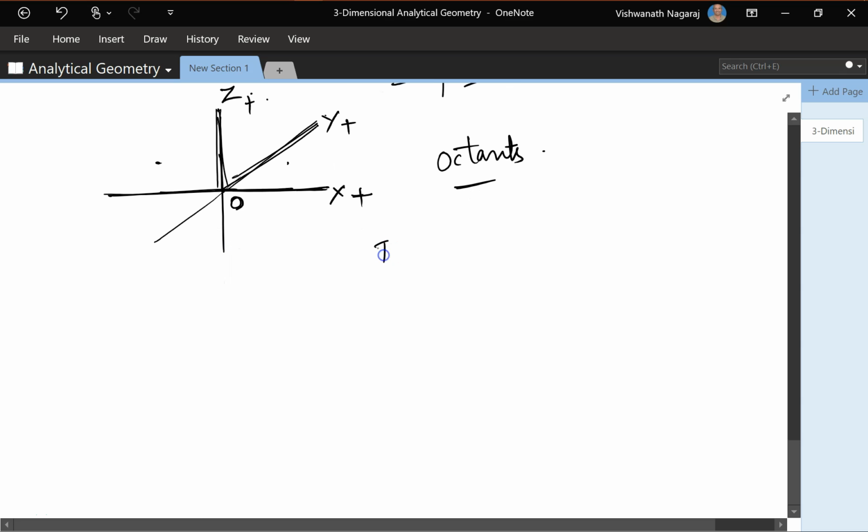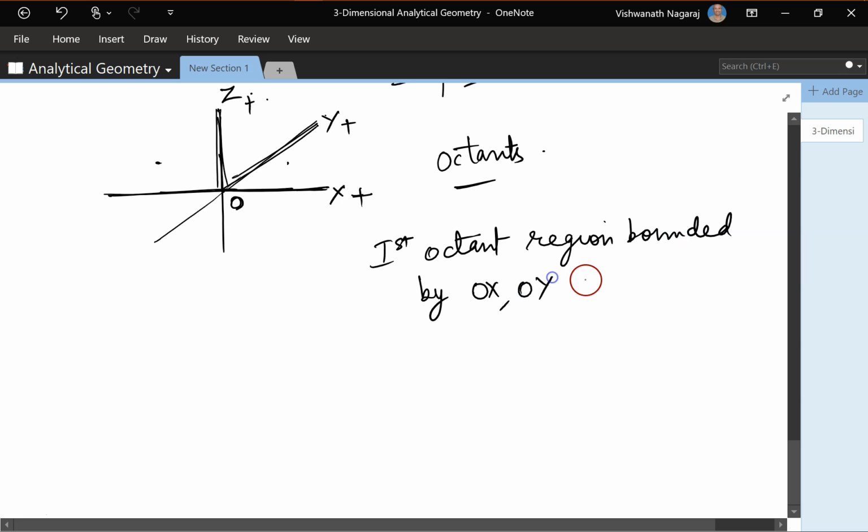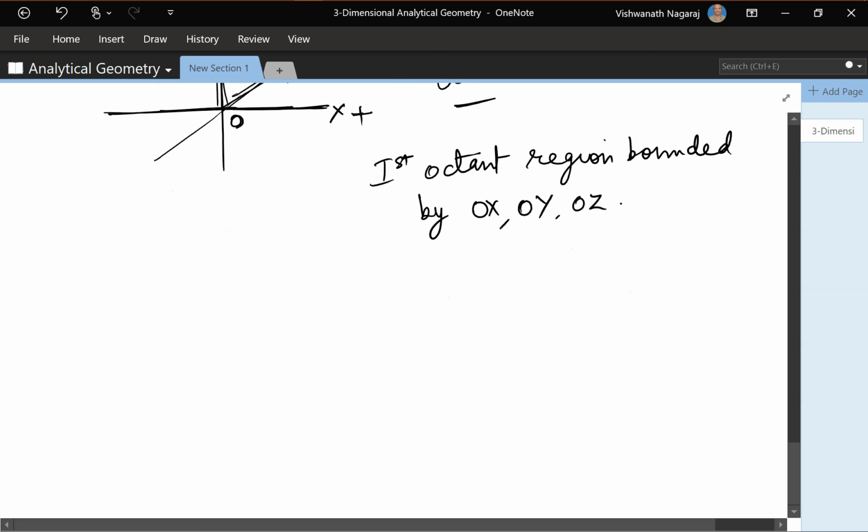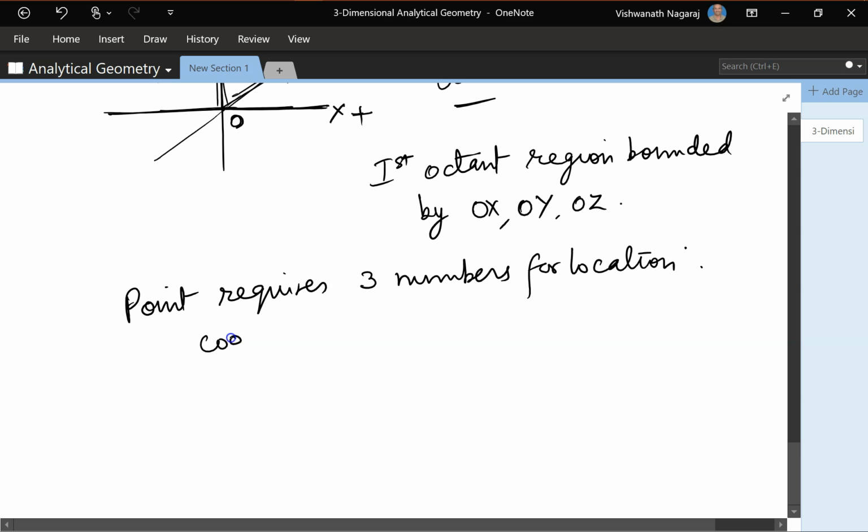So the first octant is the region bounded by OX, OY and OZ. Now remember, in a 3-dimensional space, a point requires 3 numbers for location. This is called the coordinates of the point. Again, we use a capital letter. So we can say P(2, 3, 1).